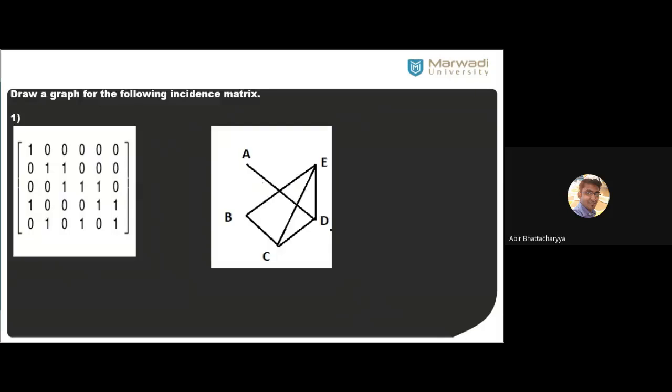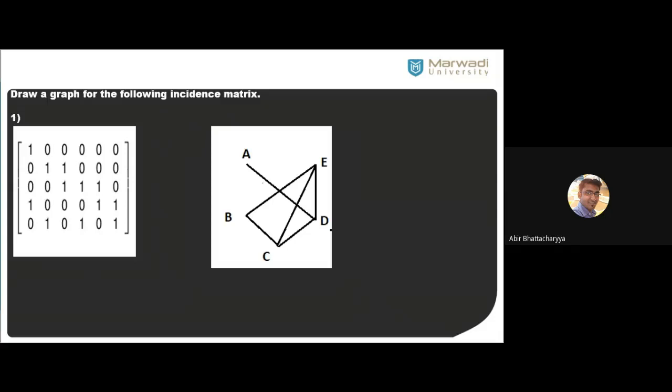Rakibullah, the structure can be up to you, but check whether you can relate your structure with this one or not. It may be a mirror image of this structure. It's possible you have drawn a mirror image, but it cannot be some abstract structure which does not match with this.